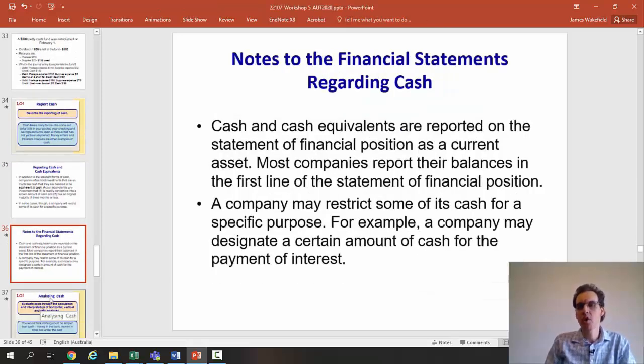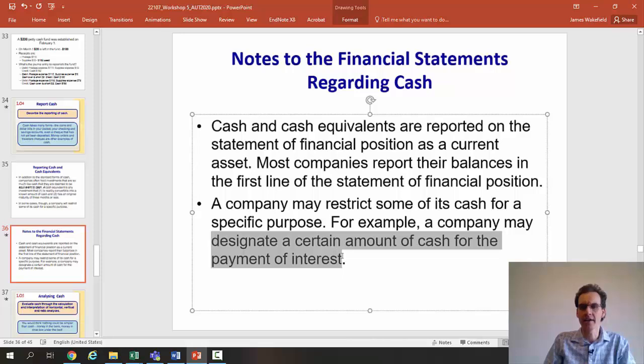So in terms of why businesses might restrict cash for different purposes, sometimes businesses might restrict it for paying interest or other contingent liabilities that may arise in the future, and so they deem that cash to be associated with a particular type of use, and so therefore a particular type of account in their records.